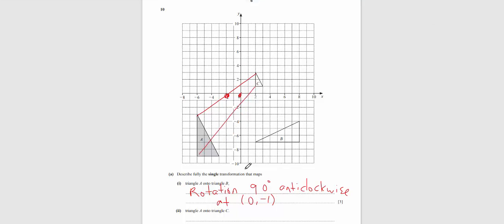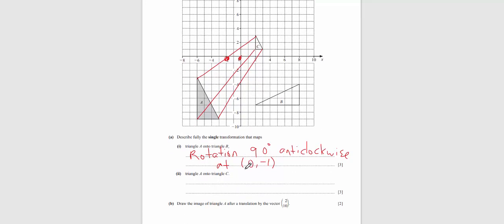So if you see like this, they actually get smaller. We can look at this line. This line is 3, and this one becomes 1. And this one, the length is 6, this one becomes 2. So we know the scale factor will be the final length divided by the length of the original shape.